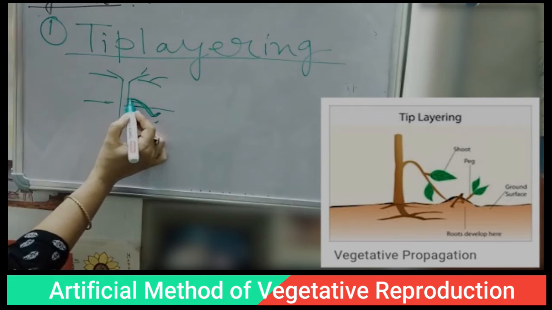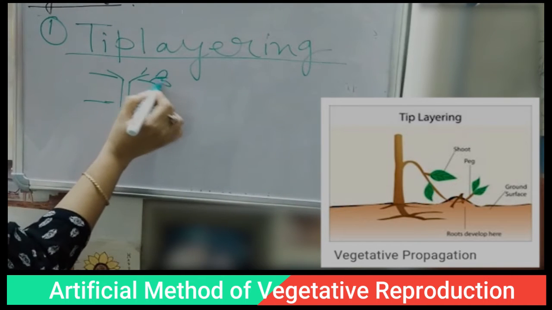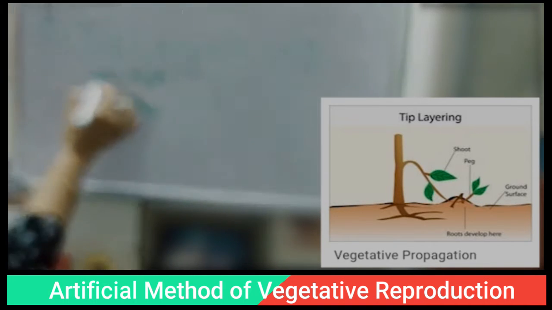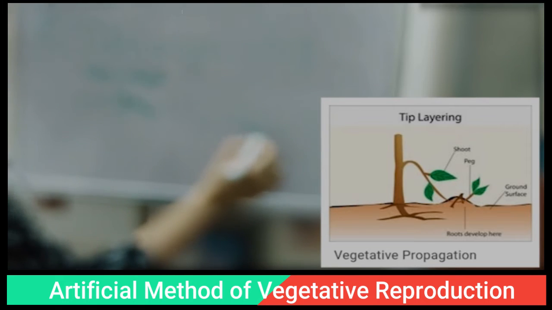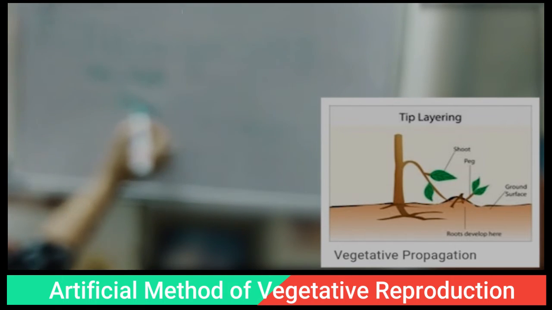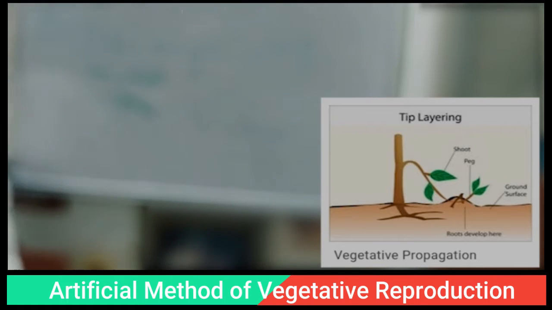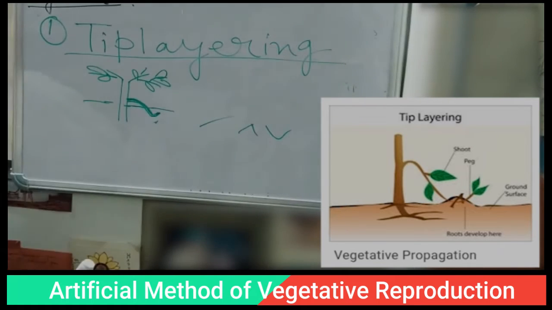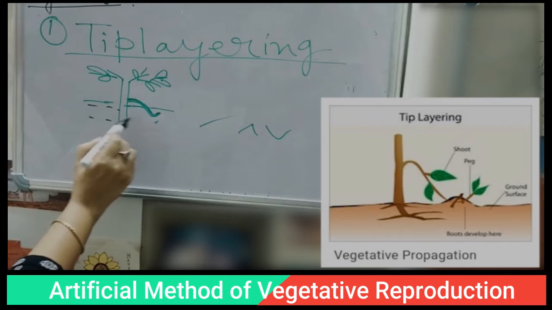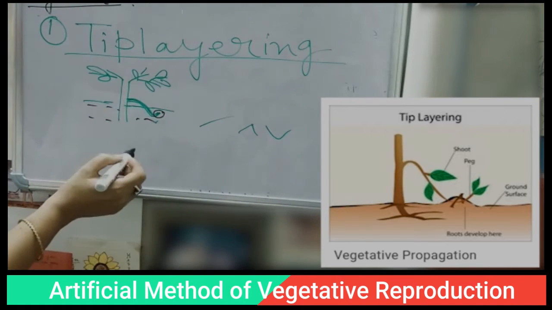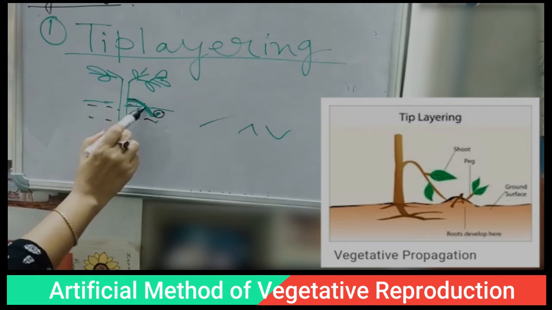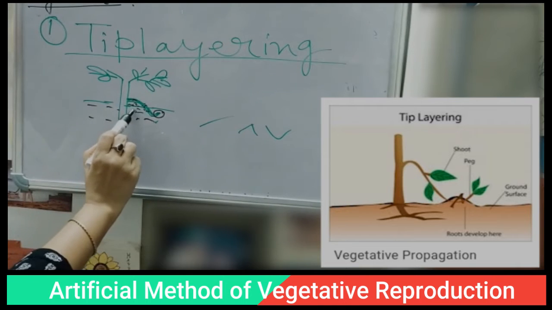Here, a soft branch is first defoliated and a cut is made. Here an oblique or V-shaped cut is made, and then that part is pegged under the soil, but the tip portion should be upright, and this portion is covered with soil.